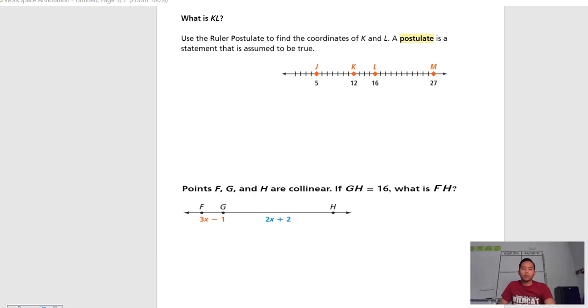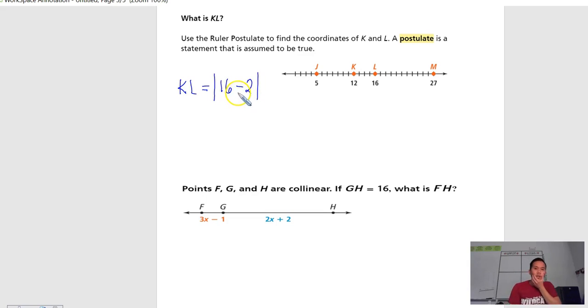All right. So if I'm going to get the length of KL, what I'm going to do is that KL will be the absolute value of 16 minus 2.